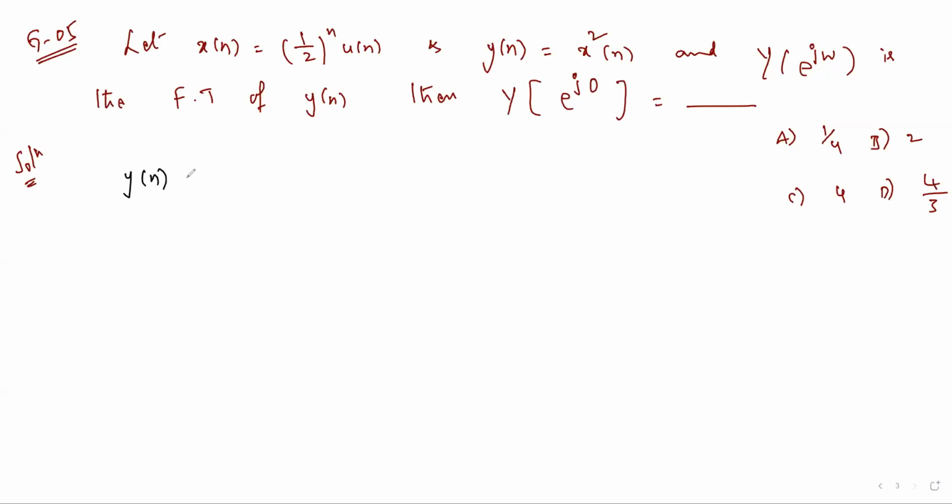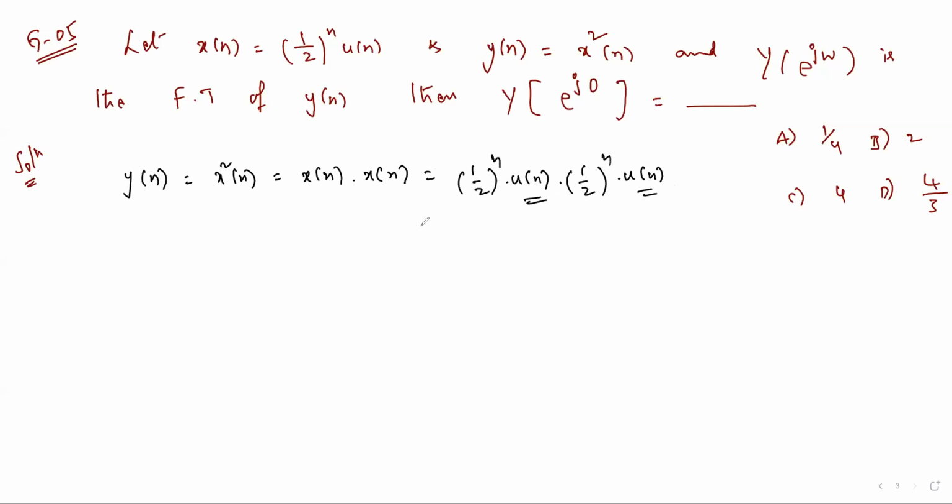Here y of n is x square of n, that is x of n multiplied by x of n, that is 1 by 2 whole power n u of n multiplied by 1 by 2 whole power n u of n. You know that u of n multiplied by u of n equals u of n.